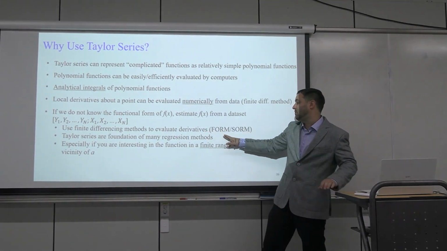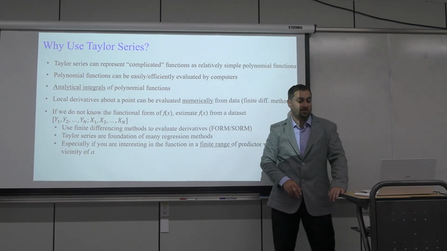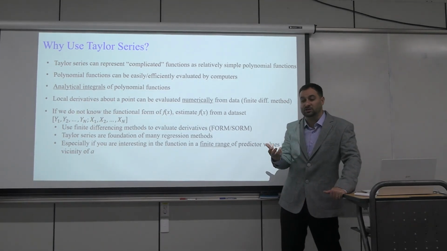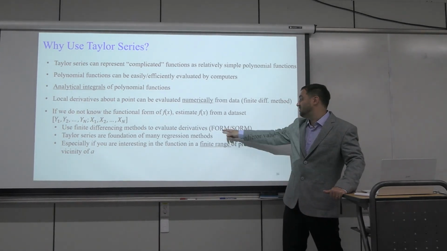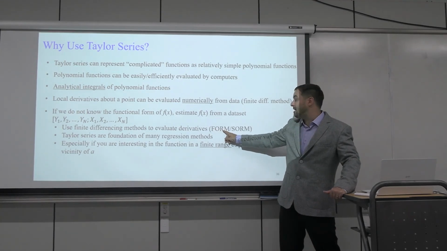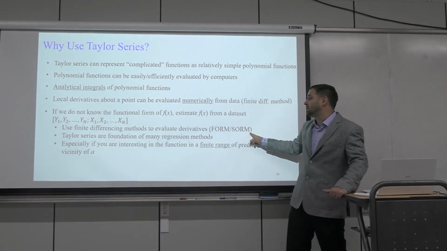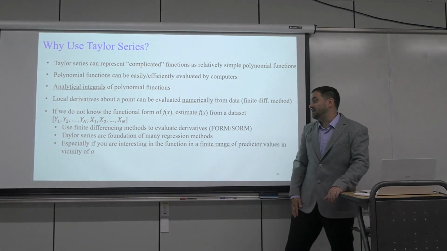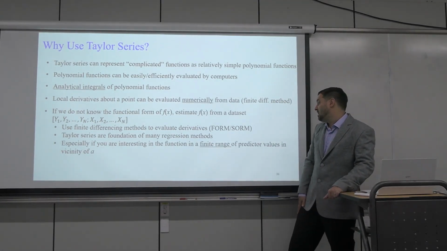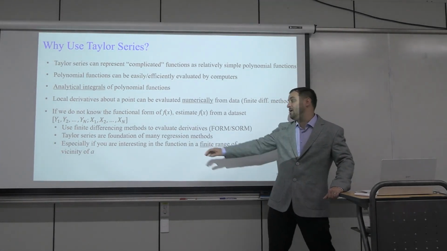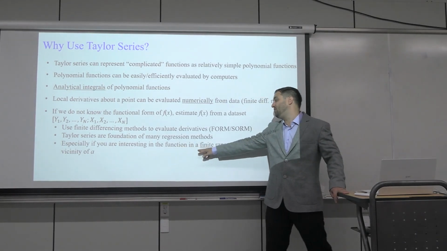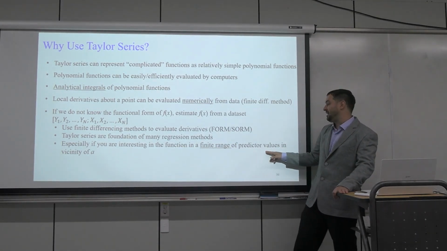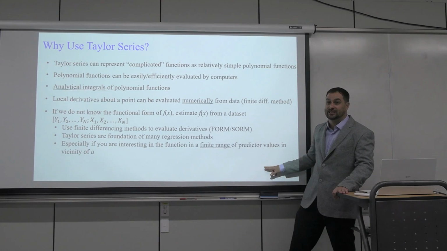And this is actually something called the FORM and SORM methodologies, which are used for response surfaces and also for limit surfaces. This is called first order reliability method and second order reliability method. And so these Taylor series are a foundation of many regression methods. This is especially so if you're interested in the function in a finite range of predictor values in the vicinity of a.